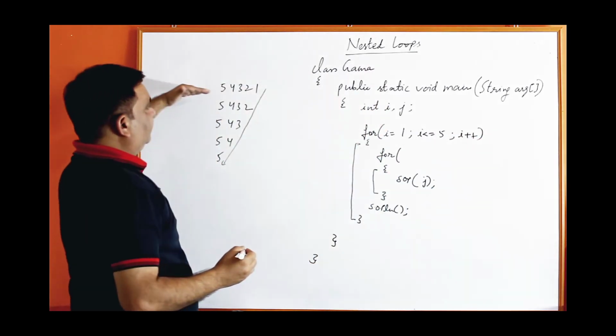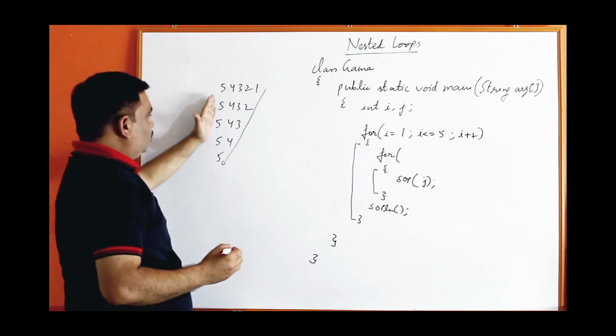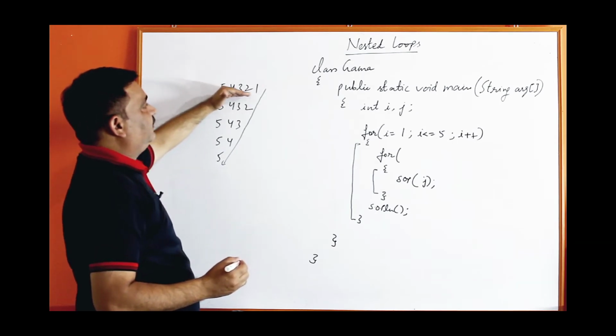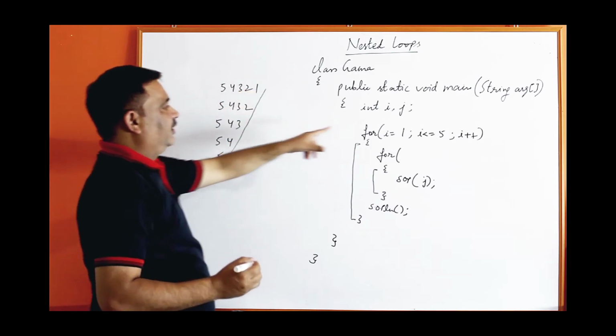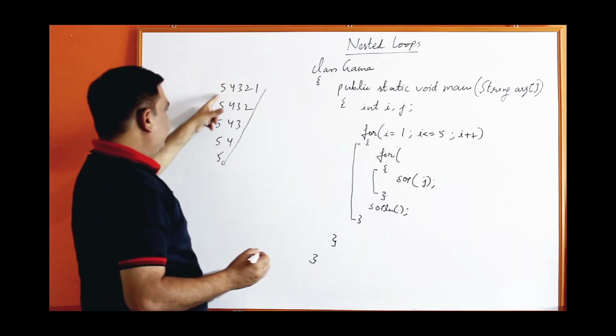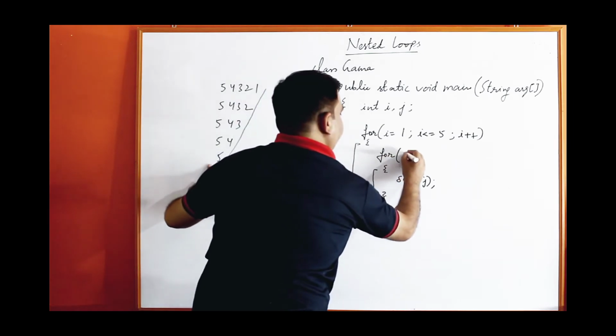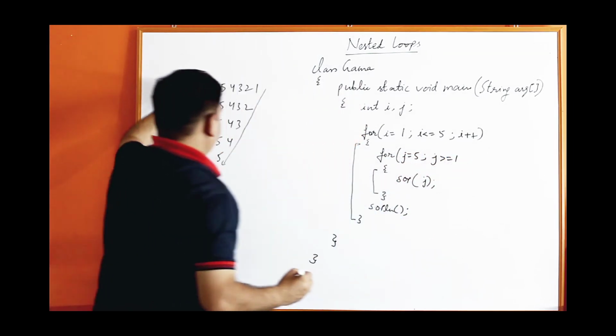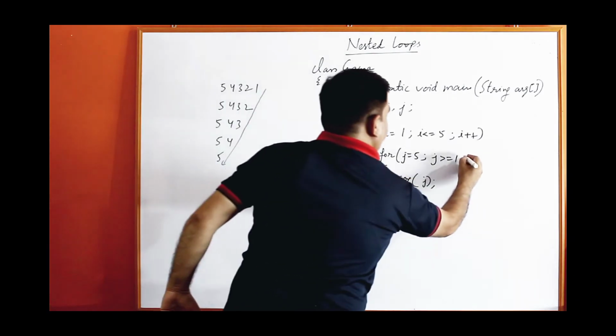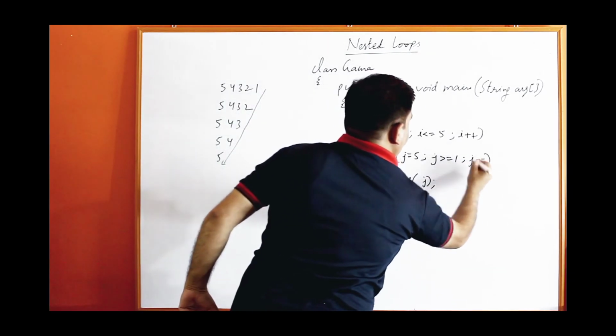Now how will you make the inner loop? The inner loop's first value is constant, starting from 5, but it is reverse, 5 to 1, 5 to 2, so the end is changing, which we have already made. So the starting value is constant, so just write j equal to 5, and it is a reverse loop, j greater than or equal to 1 because it is the reverse side, j minus minus.